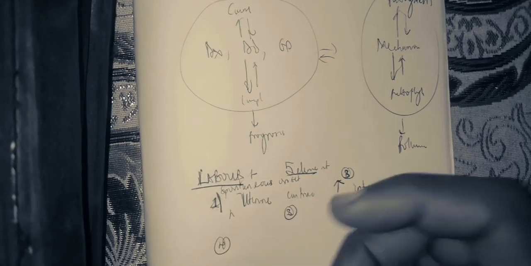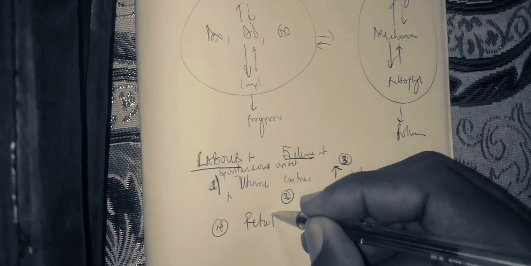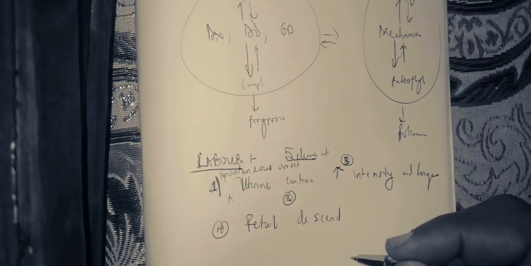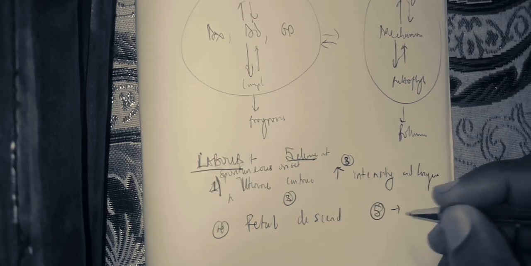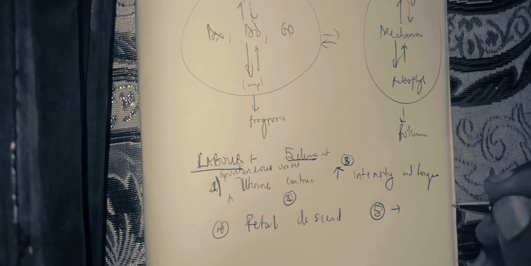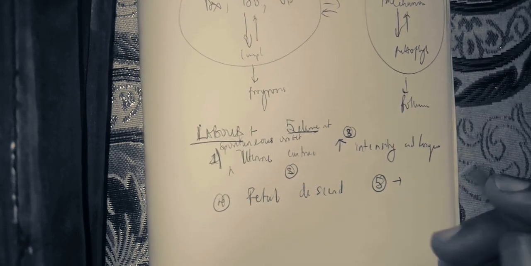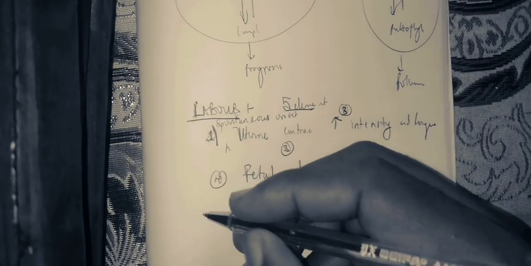The fourth element is what? Associated with the fetal descent, resulting to cervical dilatation and cervical effacement, and then later on we have expulsion of product of conception. Those are the different elements you should put in the definition of labor.